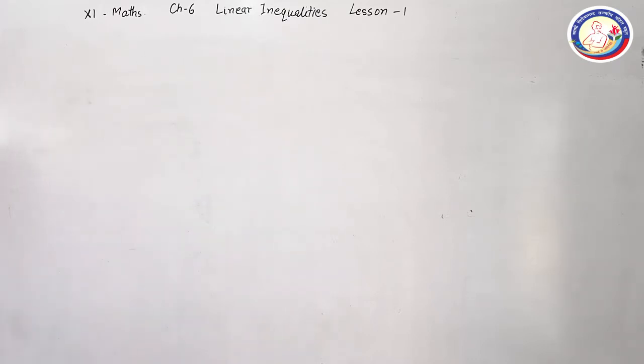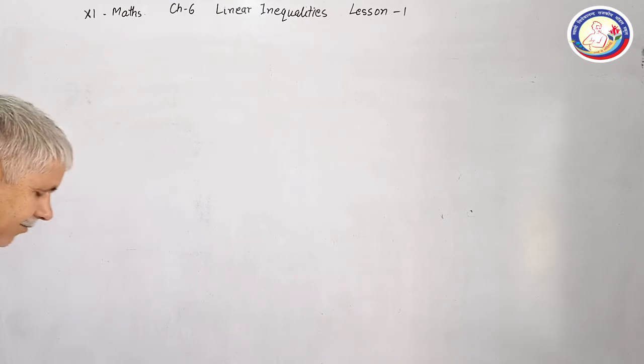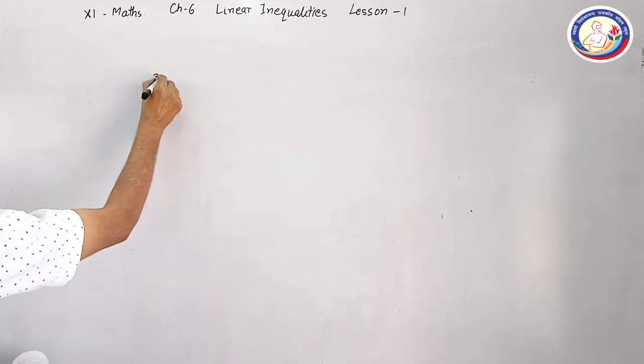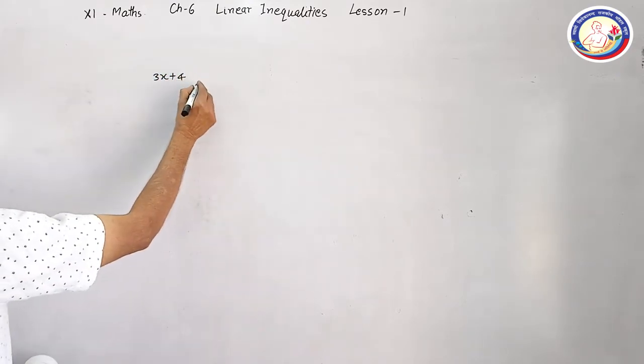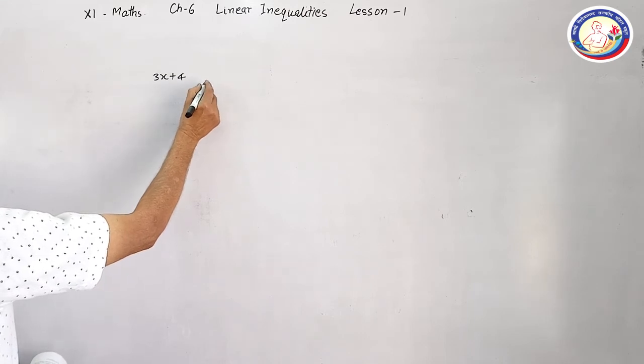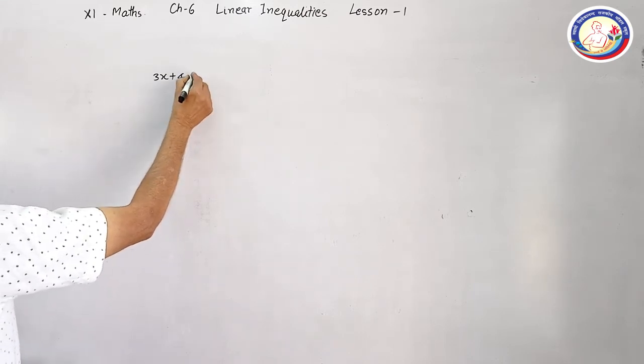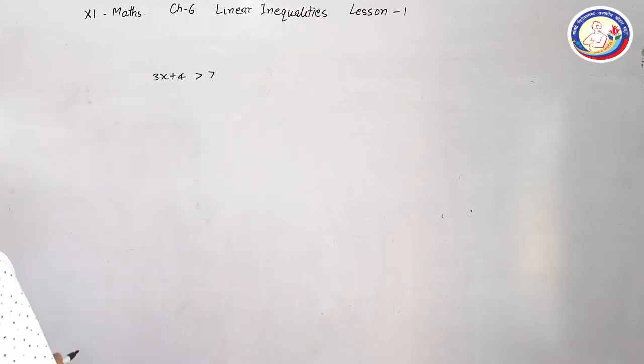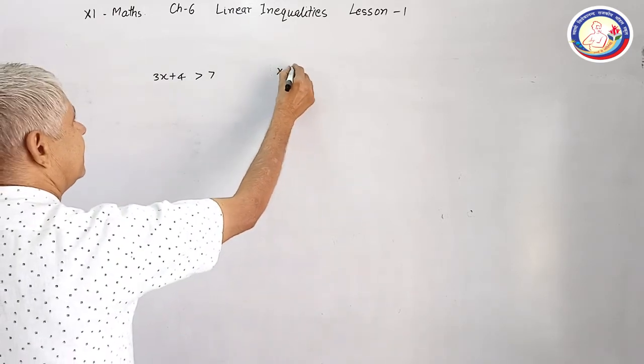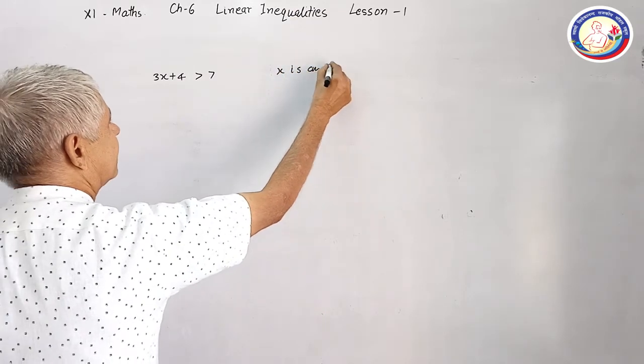I am taking one example to understand it further. Just say the inequality is 3x plus 4 is greater than 7, x is an integer.